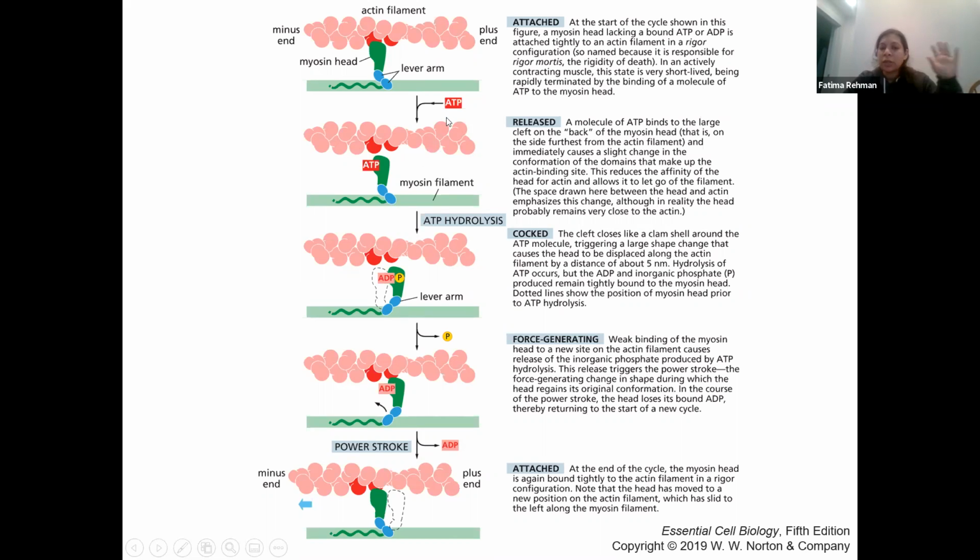So all of this is through ATP hydrolysis. And the movement is dependent on the globular heads of the myosin binding to the actin molecules and moving them from one position to the other.